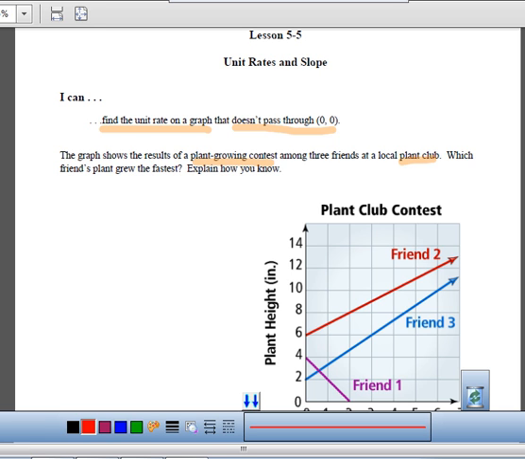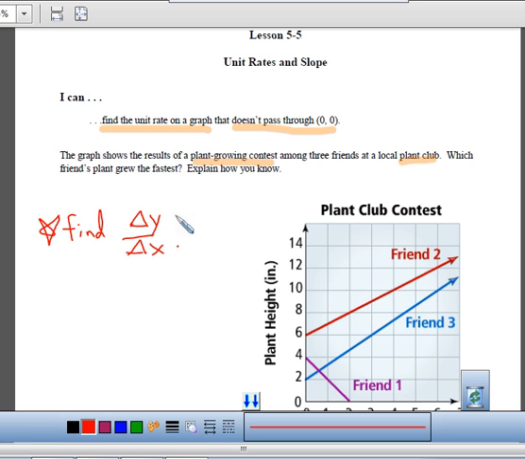So when we're looking at the graph, what we would like to do to answer this is find the change in y over the change in x. That's going to give you your rate.